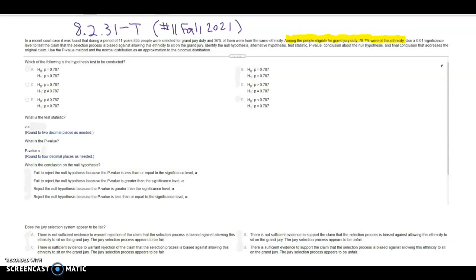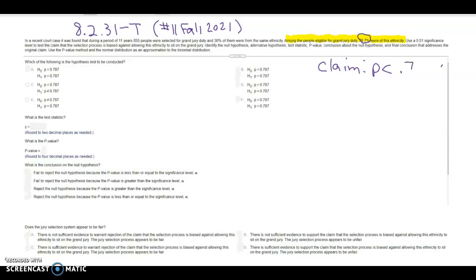So what we're trying to find out here is, is the grand jury selection representative of the population, or is it less? Is there a bias against this particular ethnicity? So our claim is that the proportion is actually less than the 78.7%.